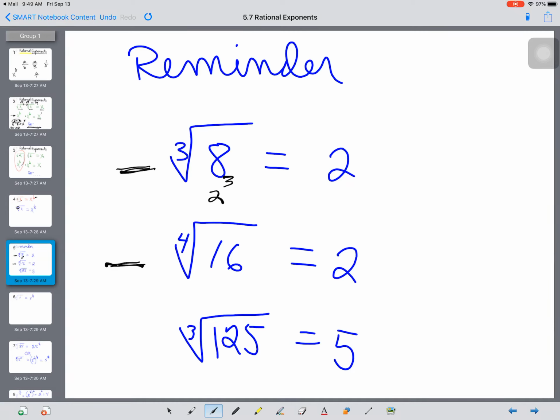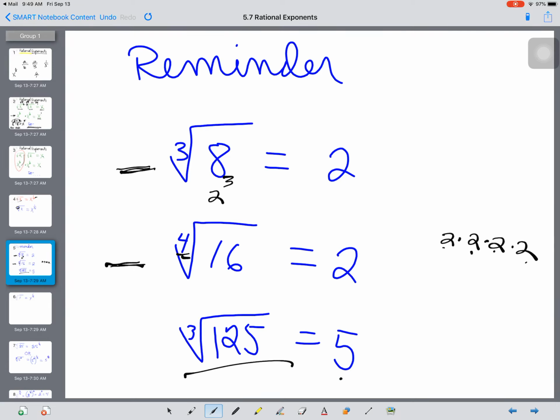So the 4th root of 16, what multiplies by itself 4 times and gives you 16? Well, that's 2, because 2 times 2 times 2 times 2, 2, 4, 8, 16. Cubed root of 125 is 5.